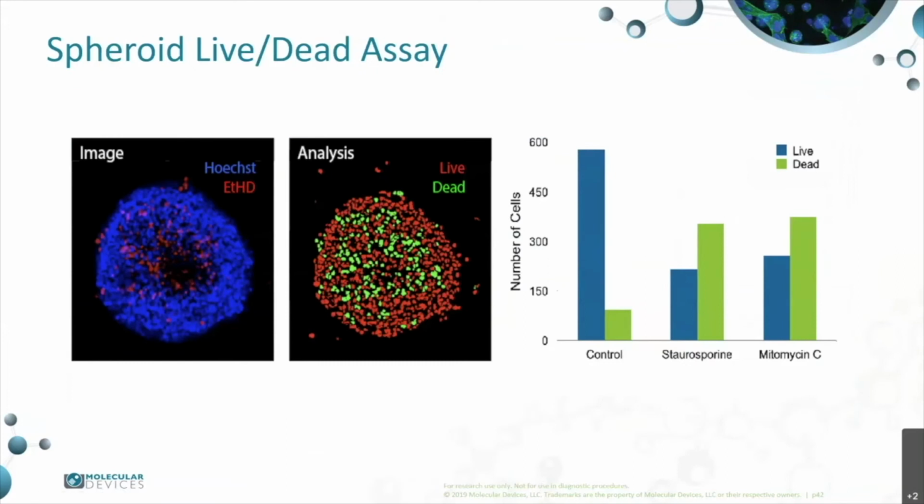In this example, you can see HepG2 cells stained with calcein AM and ethidium homodimer, and analysis masks on the right, which show live cells in red and dead cells, which are ethidium homodimer positive, in the center. So you can evaluate numbers or percentages of live and dead cells in treated or untreated samples.